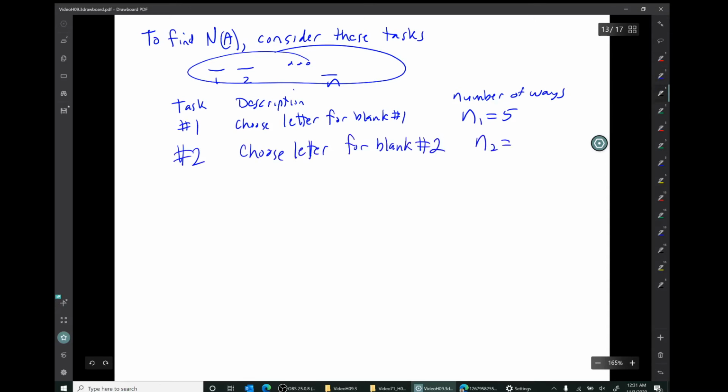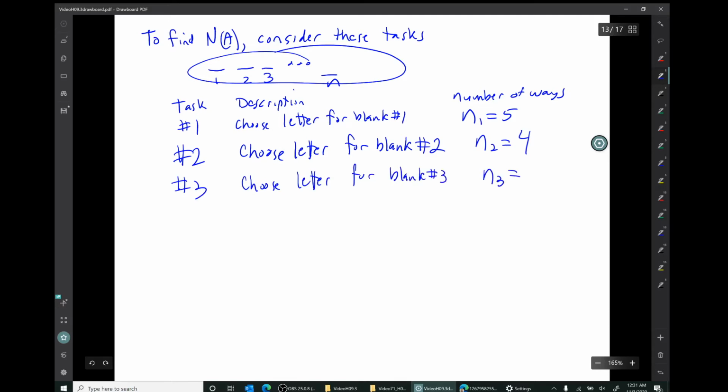How many ways can we choose the letter that goes in this blank? Well, we just have to make sure that it's not the same letter that's sitting here. So whatever letter was chosen for blank 1 can't be the same letter for blank 2. So N2 is the number 4. Now here's where it gets interesting. Consider filling the third blank.